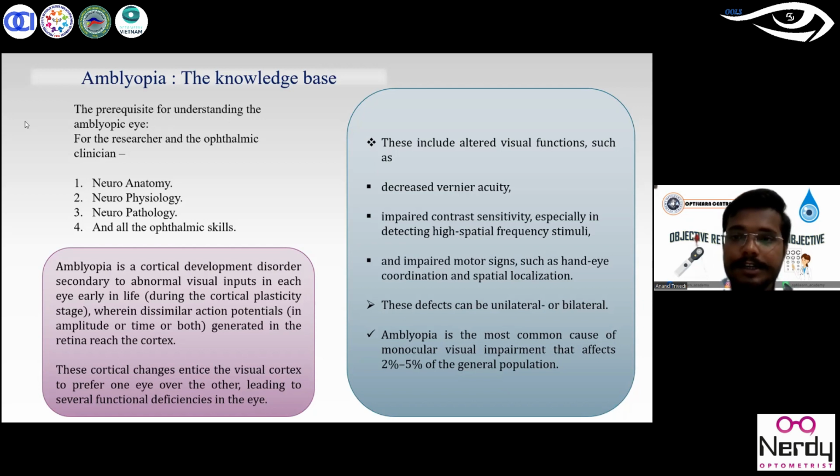This includes altered visual functions such as decreased vernier acuity, impaired contrast sensitivity, especially in detecting high spatial frequency stimuli, and impaired motor signals such as hand-eye coordination and spatial localization. These defects can be unilateral or bilateral. Amblyopia is the most common cause of monocular visual impairment, affecting 2 to 5% of the general population.